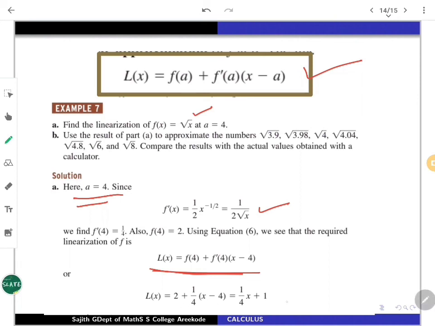So this formula can be used to find the evaluation. Just put in the appropriate x's here and you will be getting appropriate values. So the first one is square root of 3.9.